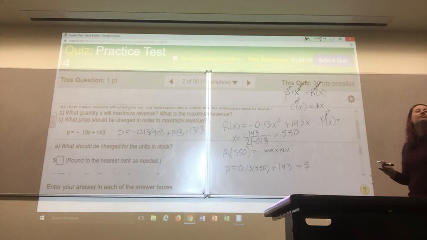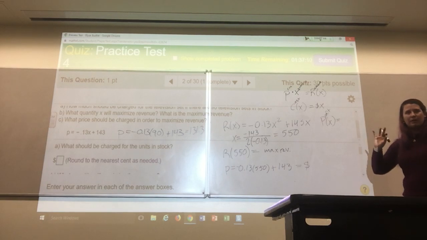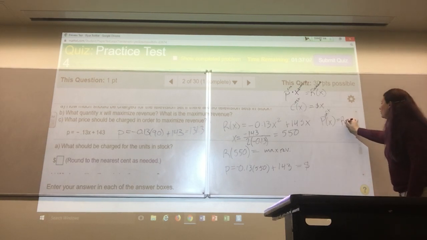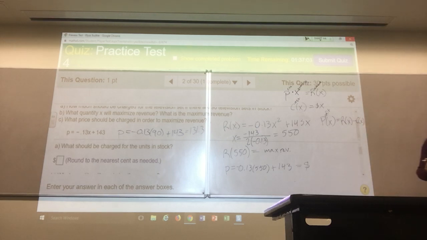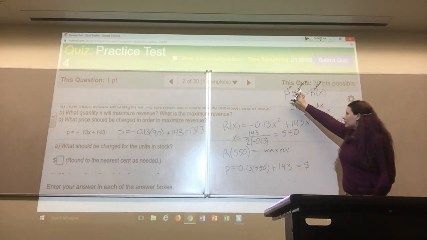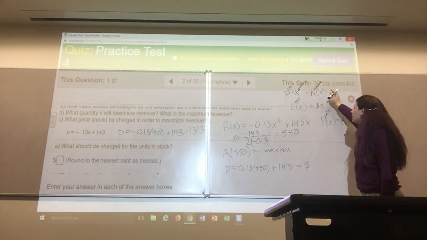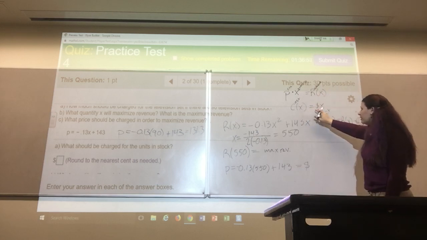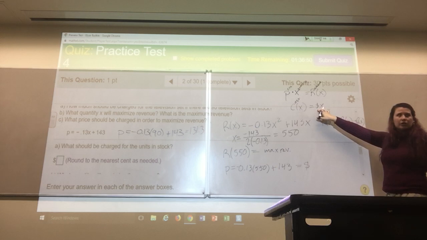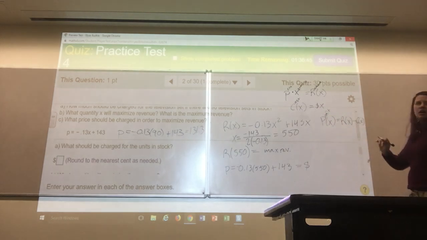Revenue minus cost, because it's the money that we keep. It's the money we bring in minus the money we pay out. Those are all the different things that we can be asked for. We're given price, X is quantity, multiply them to get revenue. Cost is either given or you multiply the dollar amount times X. Then profit is revenue minus cost.